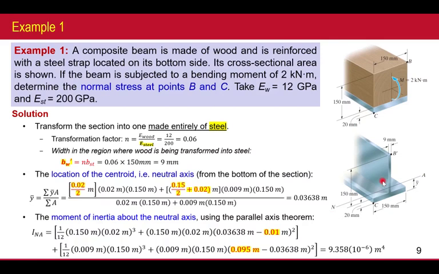That's the reason we must get the centroid of each rectangle relative to the neutral axis. Here is the distance, you can work it out. This is from lecture 6, tutorial 6, and also from lecture 2, tutorial 2.